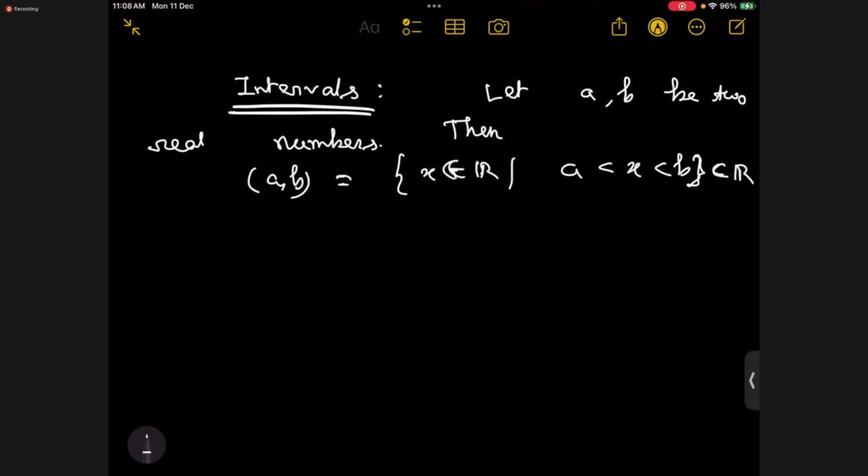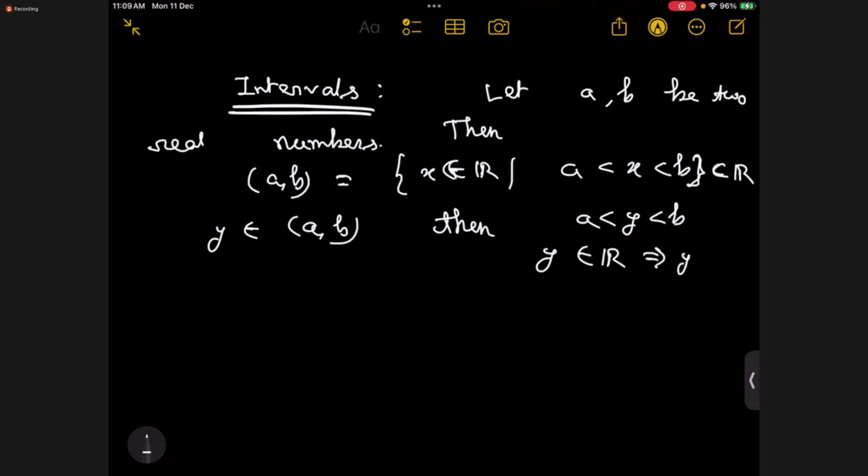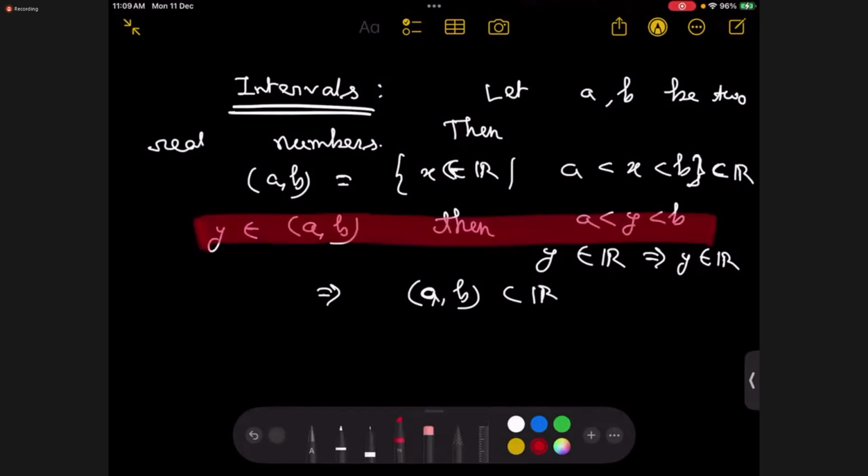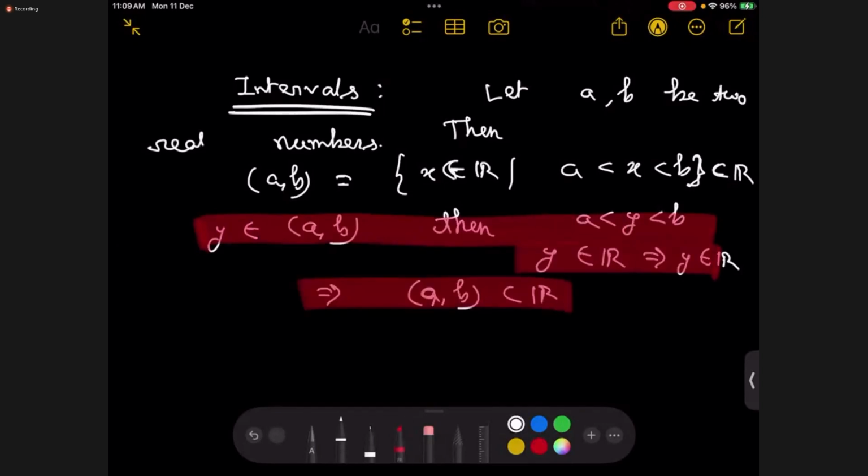Because we are collecting elements of R with some restriction, so obviously these are all elements of R. Like whatever we discussed in the last class, if y belongs to the open interval (a, b), then we have this condition, and this condition implies y belongs to R, which together implies this is a subset of R. Okay, so by this statement we are clear that the open interval (a, b) is a subset of R.